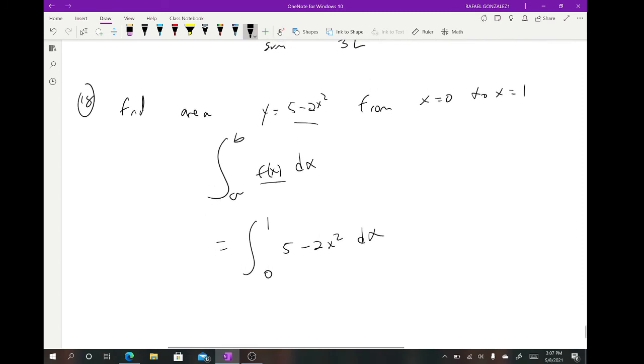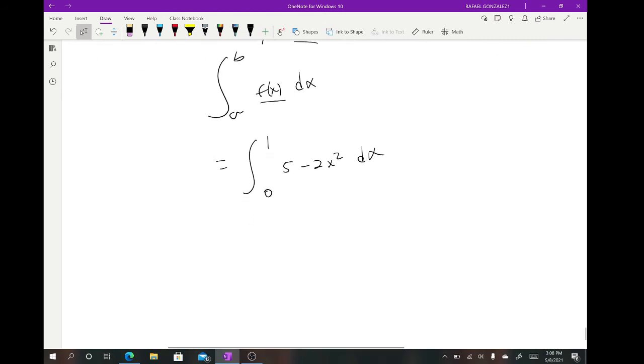So if we want to find out what the area is, we have to use the fundamental theorem of calculus. We first find the antiderivative, and then plug in the limits of integration. The antiderivative of 5 is 5x.